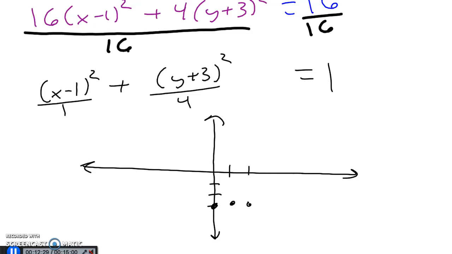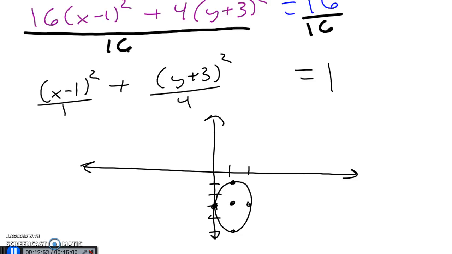We can go 1 to the left, 1 to the right. And a y radius of 2. We can go up 2 and down 2. And this here is our ellipse.